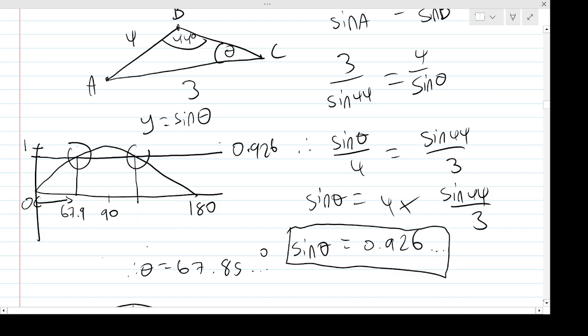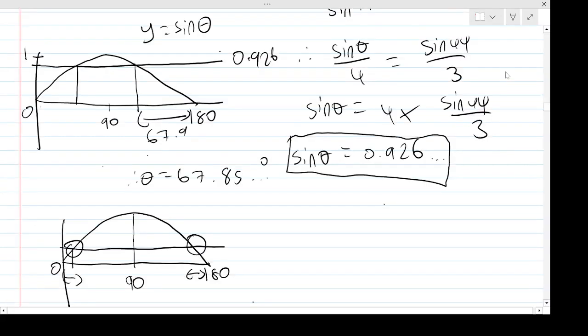So we can calculate the second solution, which again is here, because the gap again is 67.9, which is going to be the same as this gap here, between 0 and this angle of 67.9.